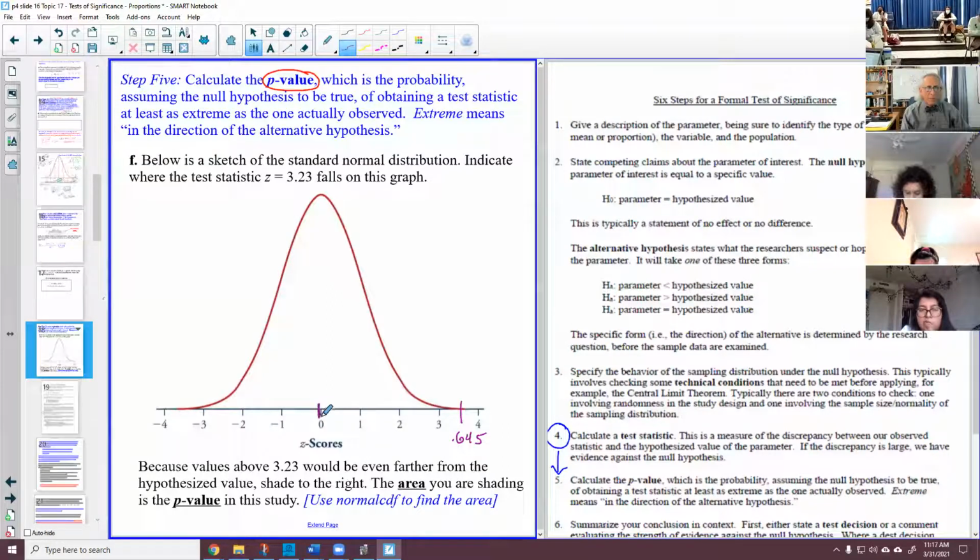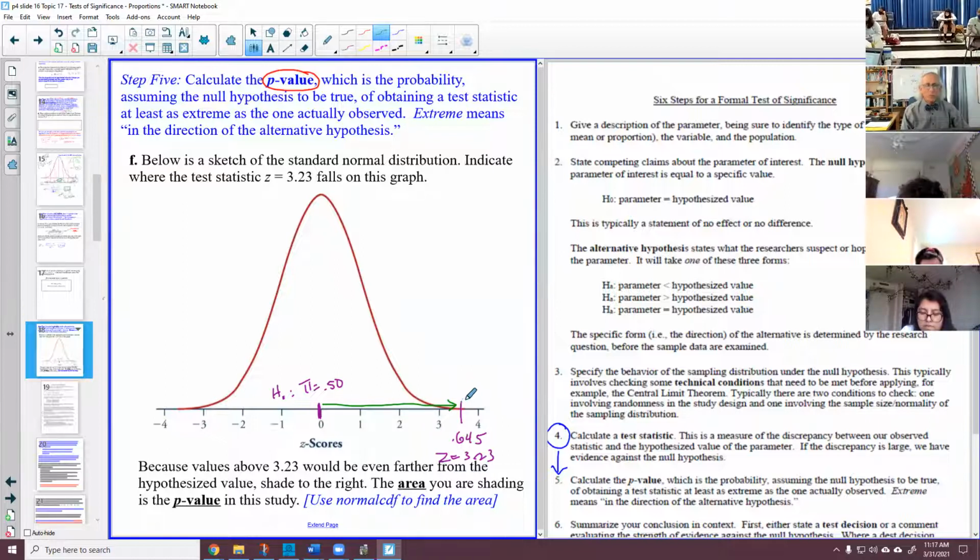We know that the center here is pi, and that is equal to 0.50. This is our null hypothesis. And we know that the z-score for this is equal to 3.23. So my alternative hypothesis is way far to the right of my mean. It's far greater than my mean.